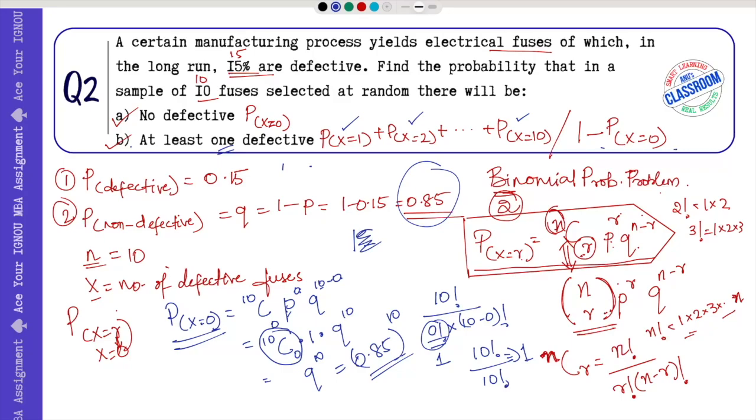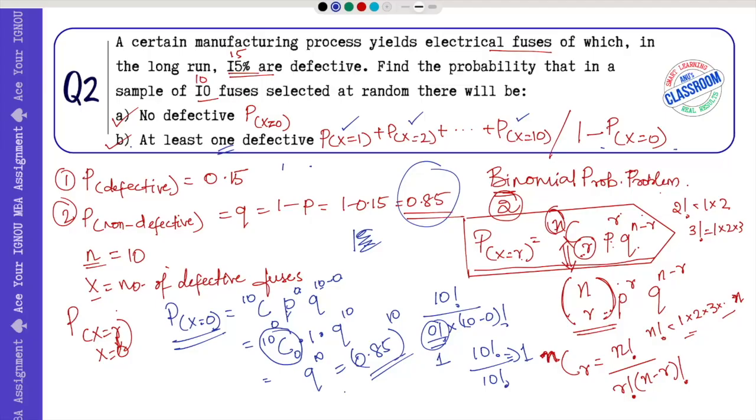You already got the probability that x equal to 0. So 1 minus that answer, you will get at least one defective. Easy enough, right? It is not a very big deal. Okay, so that is it. Easy question. Don't have to worry about this numerical question. If this comes in your exam, I'm sure you will be able to figure it out and do it properly.